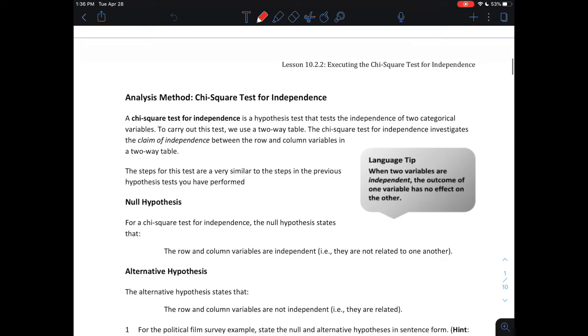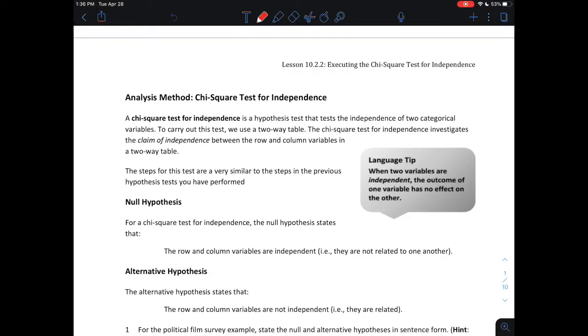So our analysis method, again, is the chi-square test for independence. A chi-square test for independence is a hypothesis test that tests the independence of two categorical variables. To carry out this test, we use a two-way table. The chi-square test for independence investigates the claim of independence between the row and column variables in a two-way table.